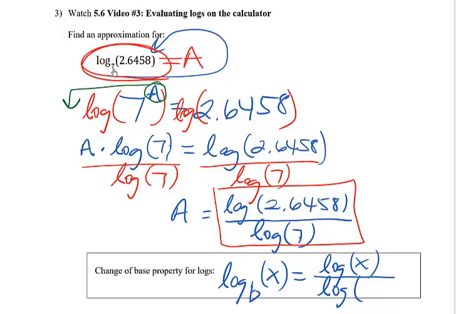That was the previous base, the B. This is an awesome property because it says if you have a log with a base other than 10, you can always just switch it into this other format and then you can type it right into the calculator. That's called the change of base property for logs. Technically, you can change to any kind of base you want. I didn't have to use base 10, but base 10 is the one we generally use because it's the one on the calculator.